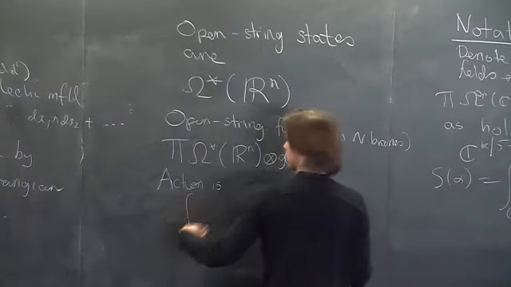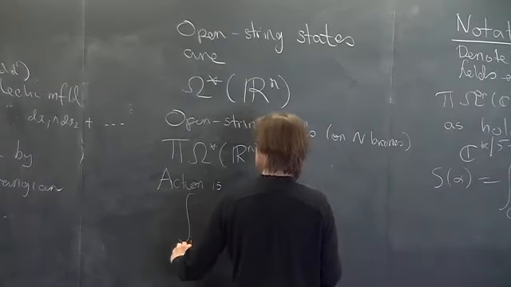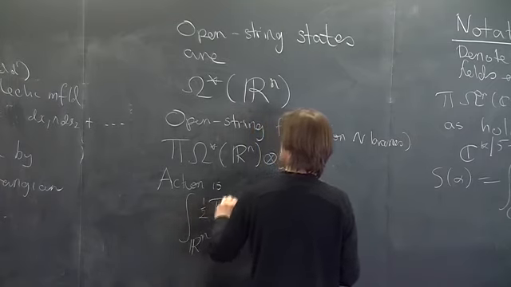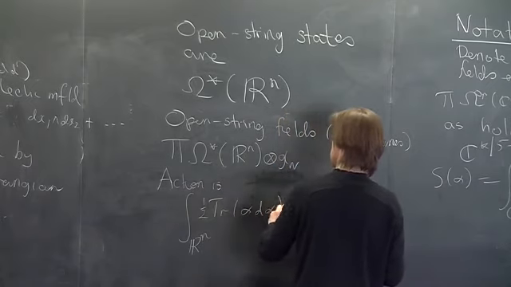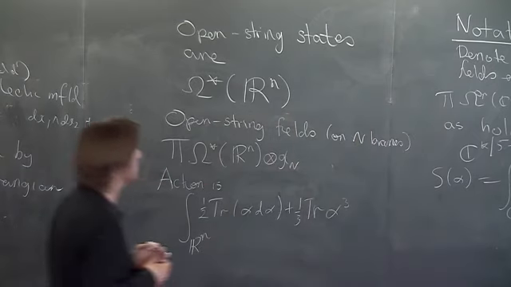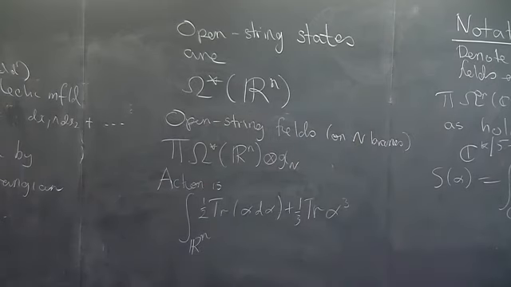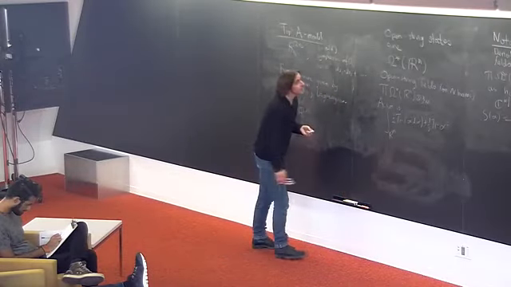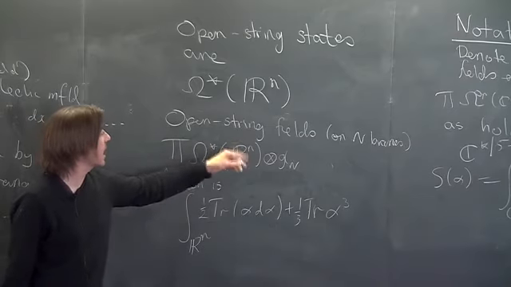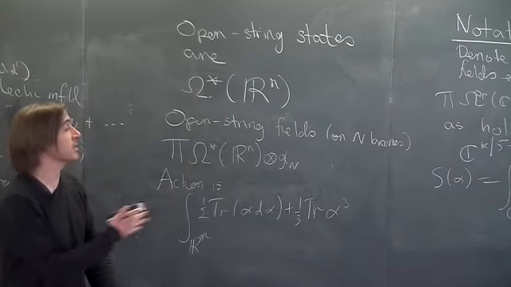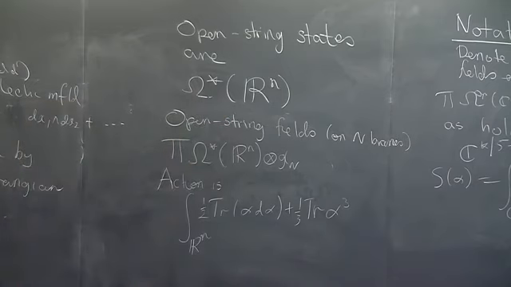The action is the Chern-Simons action. Okay, so it's pretty much parallel to the closed string case, except the algebra we find is just this de Rham algebra instead of the Dolbeault algebra. And in the closed string case, we also have these odd variables, which we don't have here. Sorry, in the B model case.